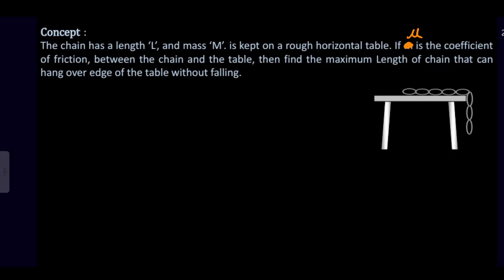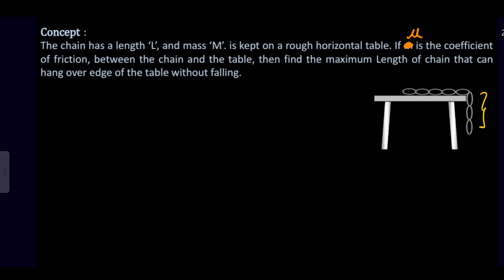Then find the maximum length of the chain that can hang over the edge of the table without falling. So what they are saying here: how much is the hanging part, this length, so that it will be at rest only?